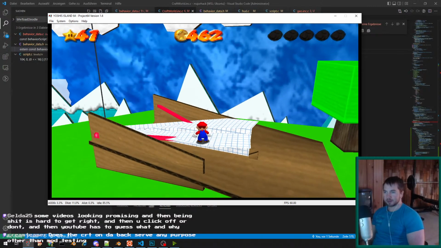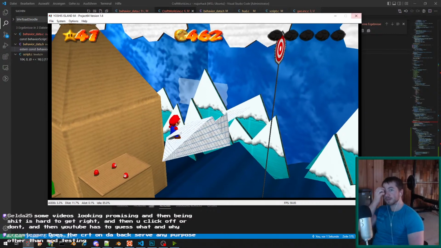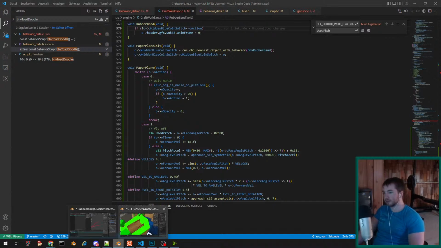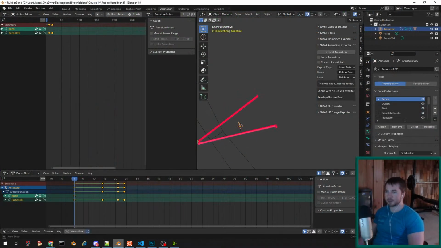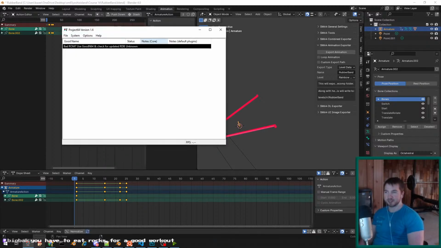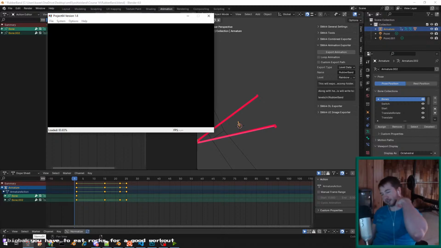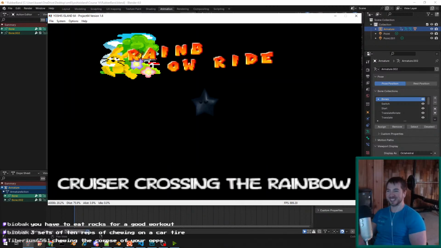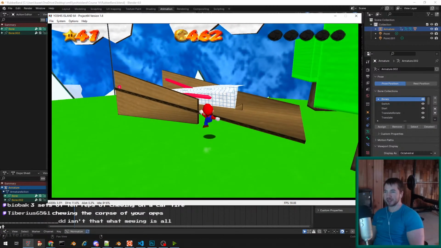Do you work out your jaw? No, should I? I mean, I eat food. Does that count? How do you work out your jaw? Eat rocks for a good workout. Oh. I haven't done that before. You eat Gartaya. Oh, that lets you absorb the microplastics too.